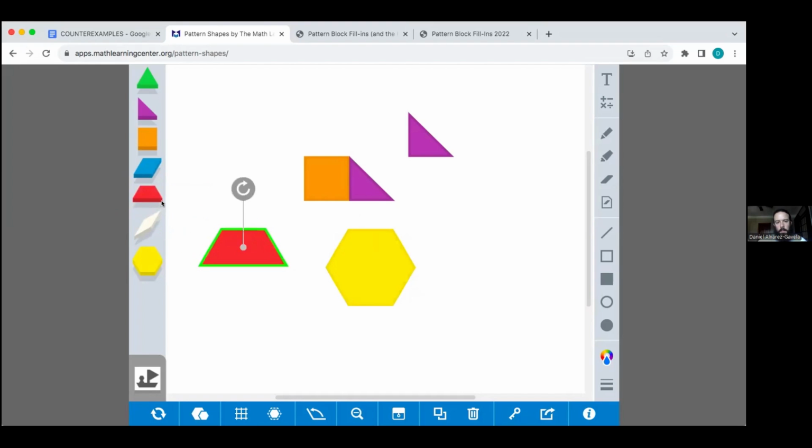Okay, so I have already one suggestion, which is to use two reds, two trapezoids. Great. So that's one. And then I also have another suggestion, which is to use 6 triangles.